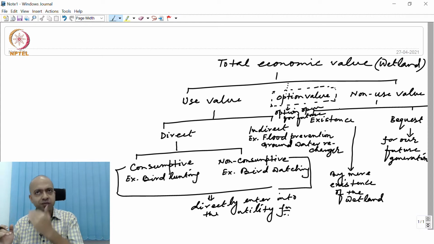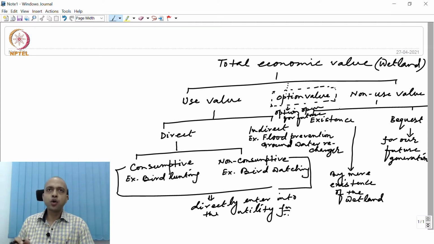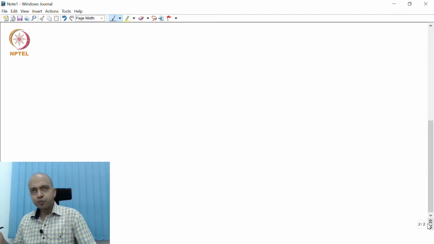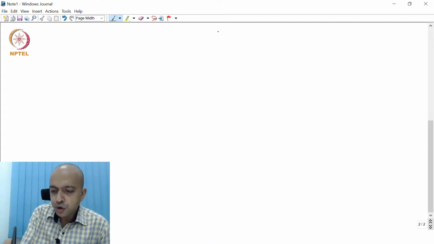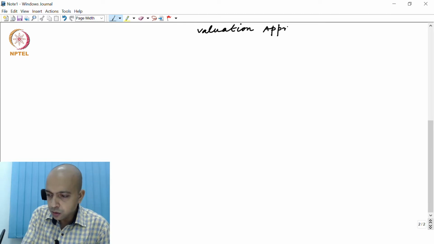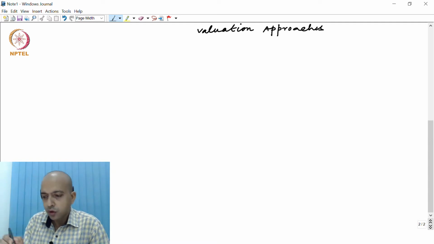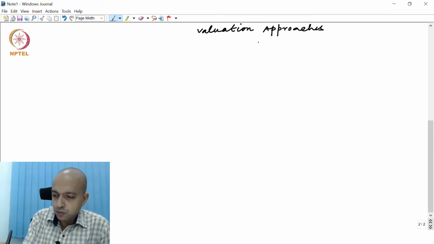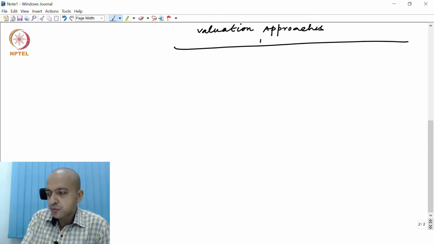Now let us talk about the different approaches to estimate or to capture total economic value of environmental goods and services. So basically, when I talk about valuation approaches, then we have mainly three categories.